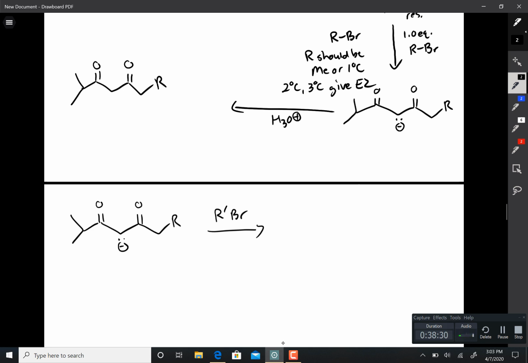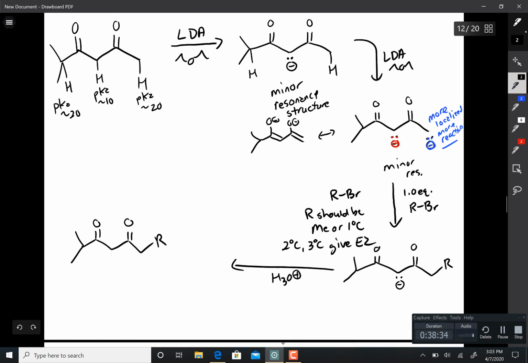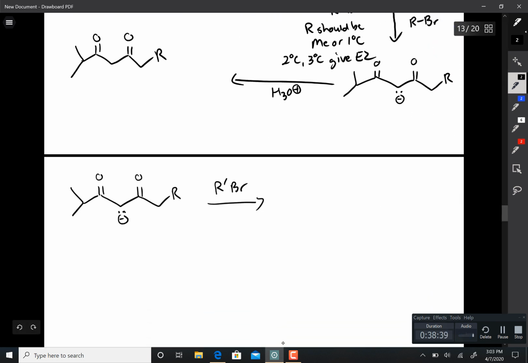Now, this carbanion is considerably less basic than the previous dicarbanion. Since it's less basic, it's less likely to give E2 products. So R prime can be methyl, primary carbons, or secondary carbons.